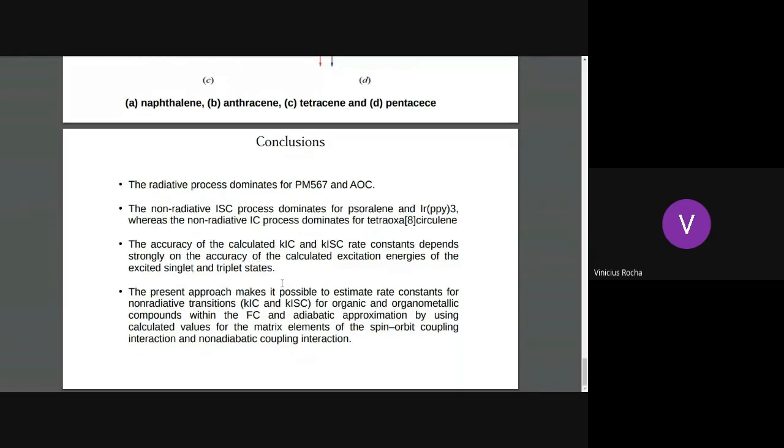The accuracy of the calculated internal conversion and intersystem crossing rate constants depends strongly on the accuracy of the calculated excitation energies of the excited singlet and triplet states, and the present approach makes it possible to estimate rate constants for non-radiative transitions for organic and organometallic compounds within the Franck-Condon and adiabatic approximations by using calculated values of the matrix elements of the spin-orbit coupling interaction and the non-adiabatic coupling interaction. That's it.